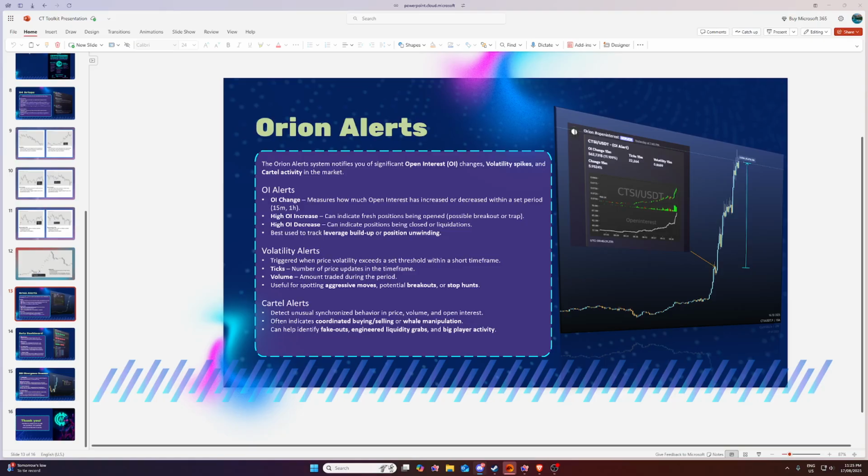When that occurs, you can look to short the scam pump. That's what I think is the main use of the volatility alerts. But generally, it's just a way to find when a coin is moving significantly more than the rest of the market.